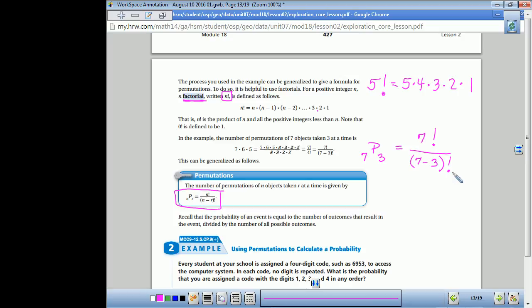Now what does P stand for again? P stands for the word permutation. And permutation talks about how many different possible orders or arrangements can we have of objects. Okay? So it's the permutations of 7, choose 3.